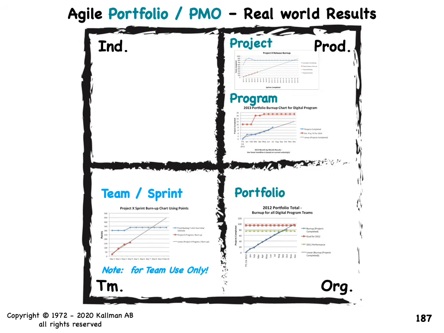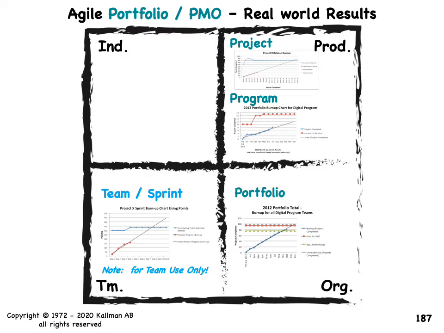And here's some real world results, and we're going to go through this pretty much area by area. It's good to remember that your team burn-up charts or burn-down charts are basically for team use only. They're not really for the managers, and you have to train your managers. Look, this is to help the teams improve, and we really don't need your help or support in that area.